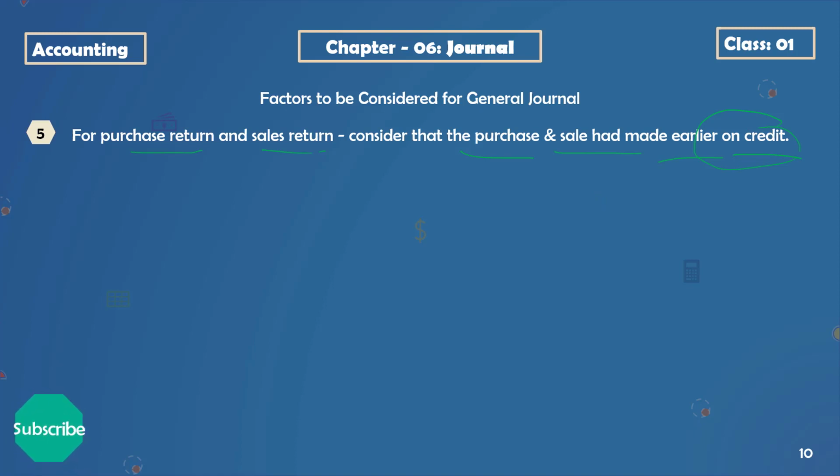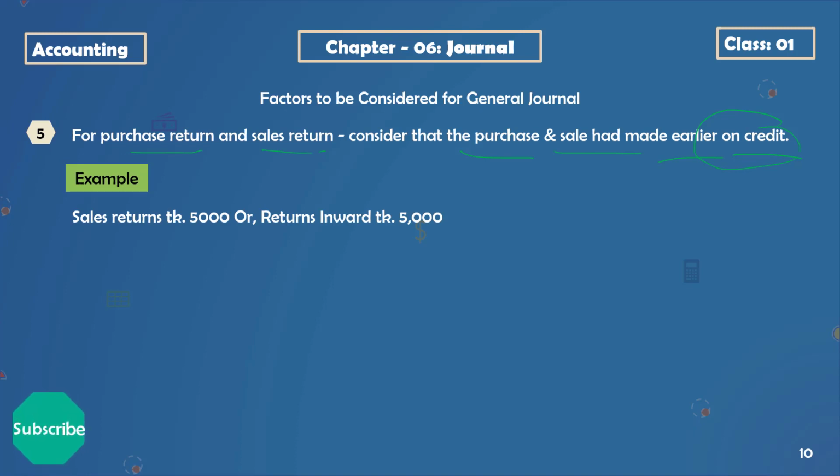So here the rule is, let's take this example: sales return taka 5,000 or returns inward. Okay, please note this word very carefully: return inward. Return inward means sales return. And let me illustrate the concept.